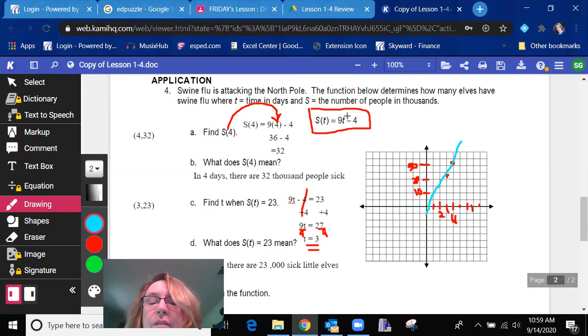If you wanted to graph the line, I know it's going to start down here at -4 because this is the y-intercept. And then the slope would be up 9 over 1, up 9 over 1. But basically getting those 2 points is the main issue.